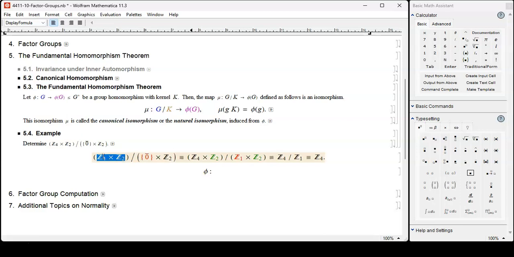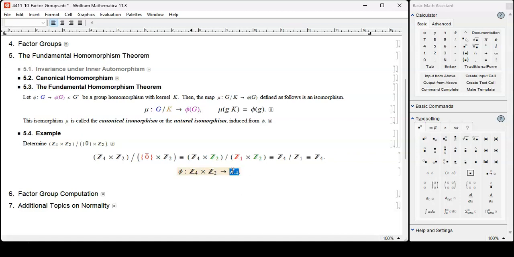So we want to find out a certain map from Z4 times Z2 to Z4. You see, G prime is too big, and considering some G prime much bigger than Z4, that's unrealistic and useless because we are going to consider only up to phi of G, the image only. So let's just consider an epimorphism.